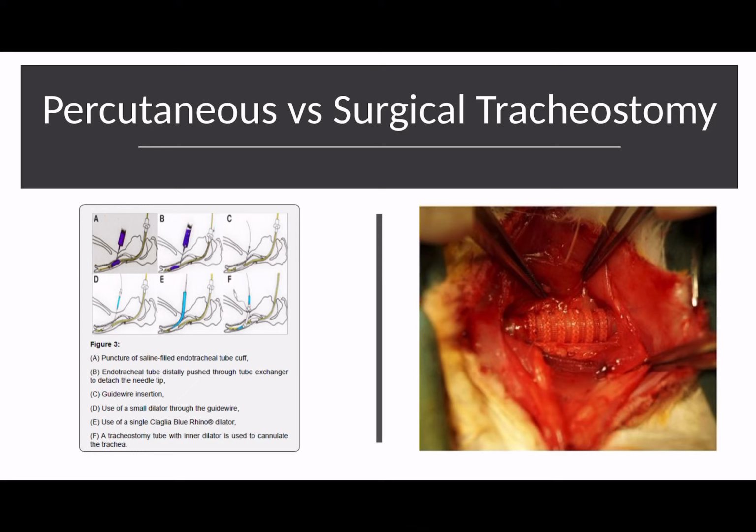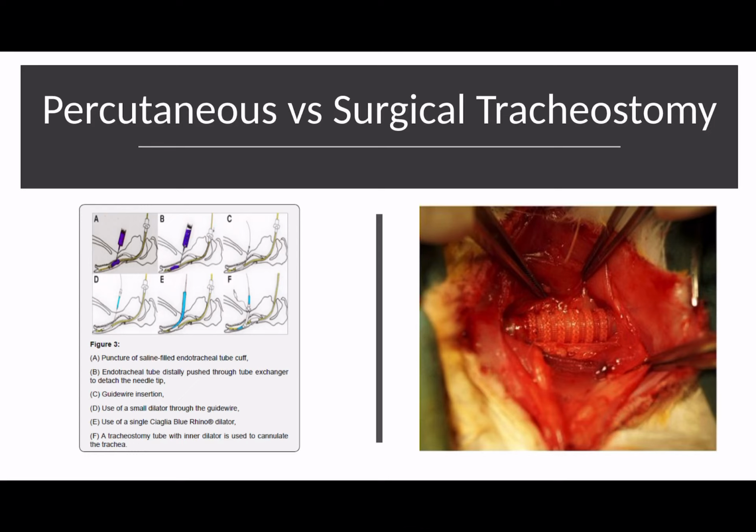So they open up a big space, find the trachea, and then they make an incision in the trachea itself and then place the tracheostomy in. This means that you've got a good big tract and a wide area, and they suture all the fascias out of the way so that you can form a good stoma, so the trachea is exposed nicely.